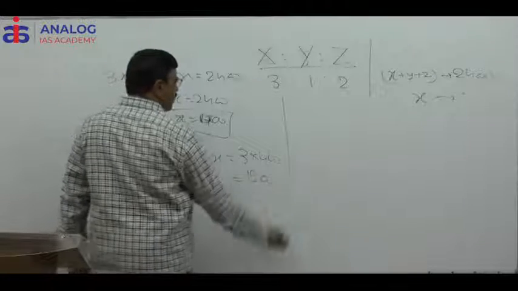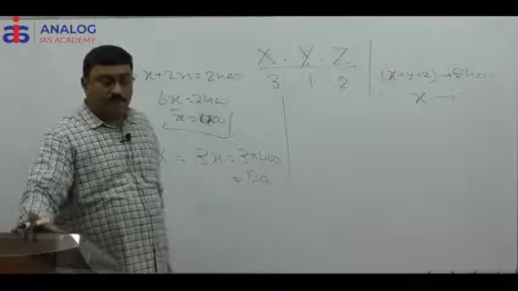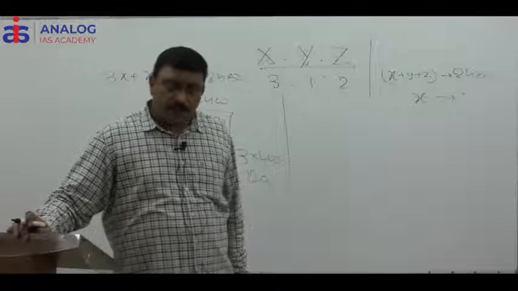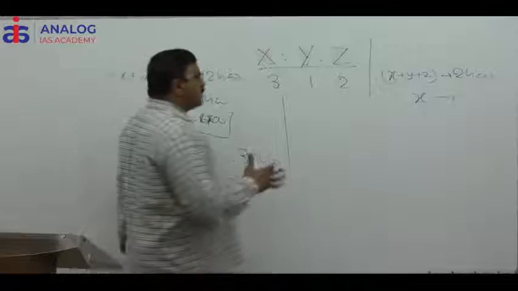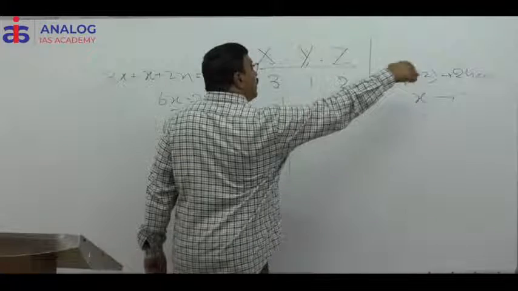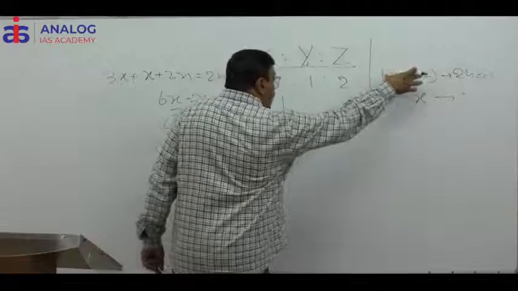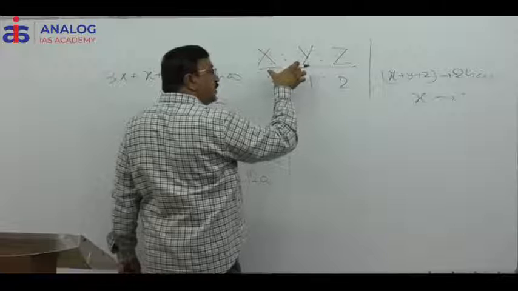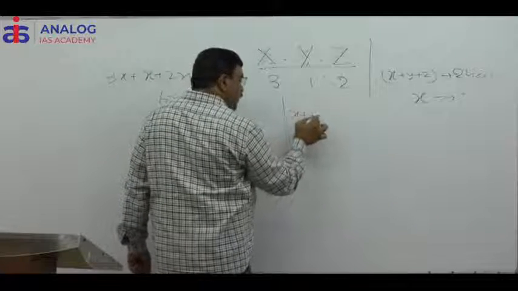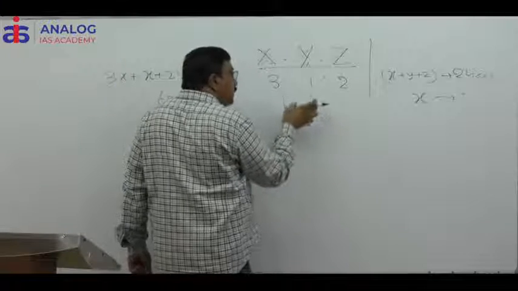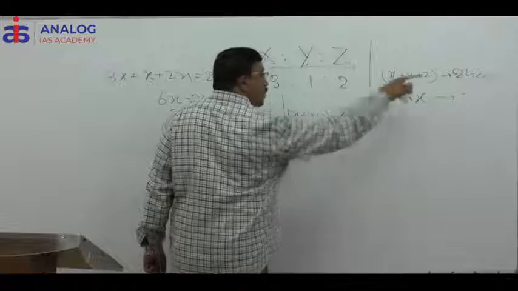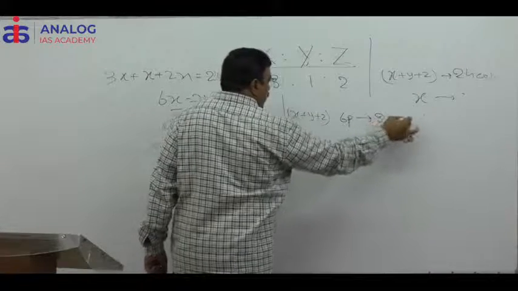But the point is, since it is a 2 marker, or else descriptive, you have to show either this way or the other way. X plus y plus z equivalent to 2400. What are the equivalent parts? 3 plus 1 plus 2, that is 6. So, you write that, make it a habit. In the ratio it is 6 parts, which is equivalent to 2400.